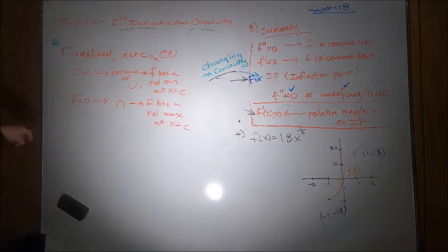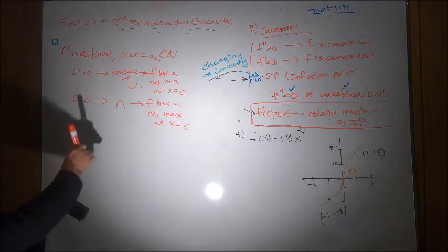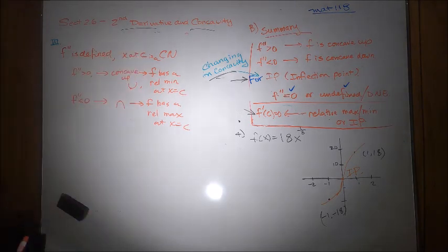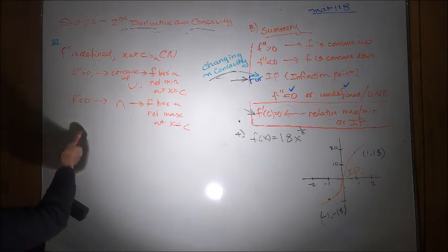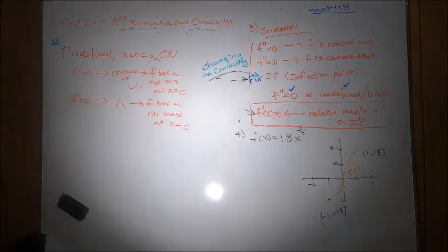So how do we know f prime prime is defined? You just take derivatives twice. Do the second derivative. Then you can see whether or not you can get a number, right? If you cannot get a number, it's infinity, or x is in the denominator and you cannot put 0 there, then you cannot find it.